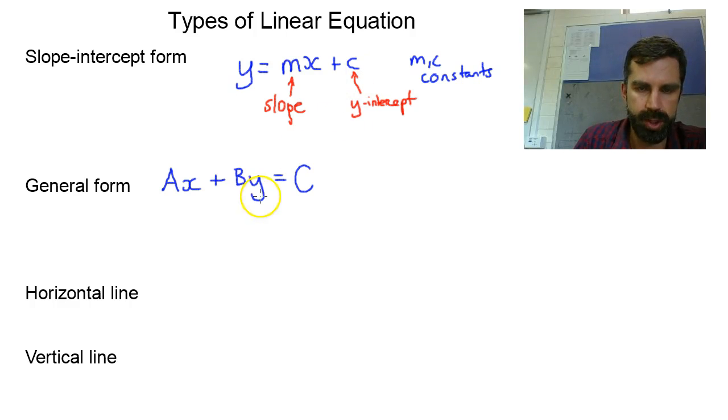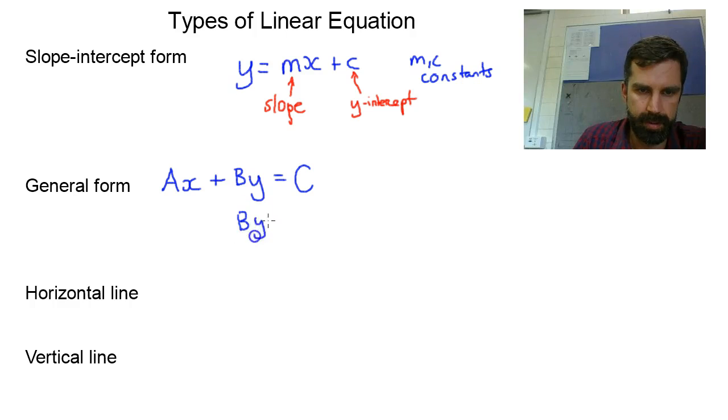Now with the general form of the equation, we can actually rearrange it to get something that looks like slope-intercept form. That will tell us how to get the slope and the y-intercept from the general form of the equation. So I'm going to take the x part over to the other side.